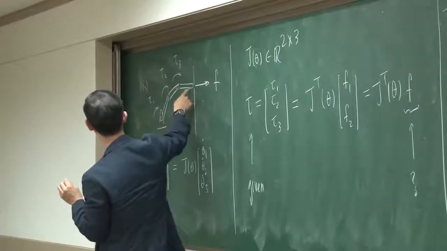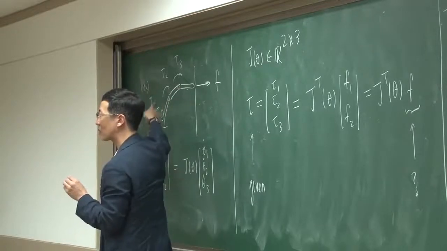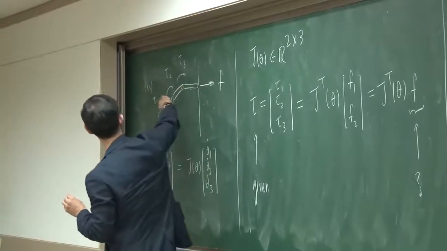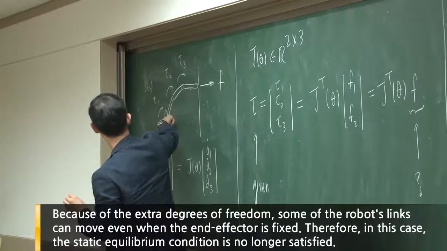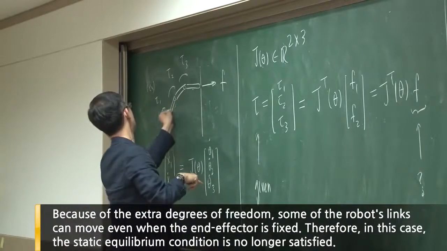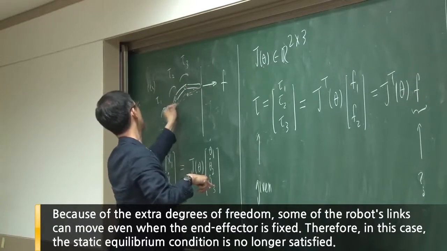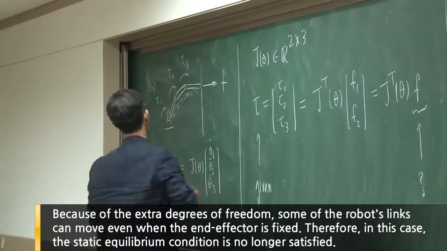Think about it. It looks like a 4-bar linkage: 1, 2, 3, imagine this 4th bar. So if we apply torques, this is going to move. Not a very good picture, but it's going to move.